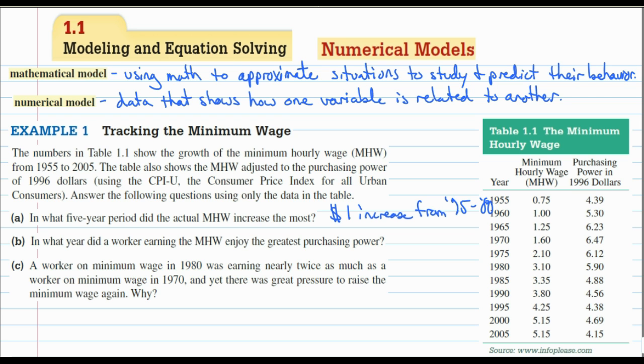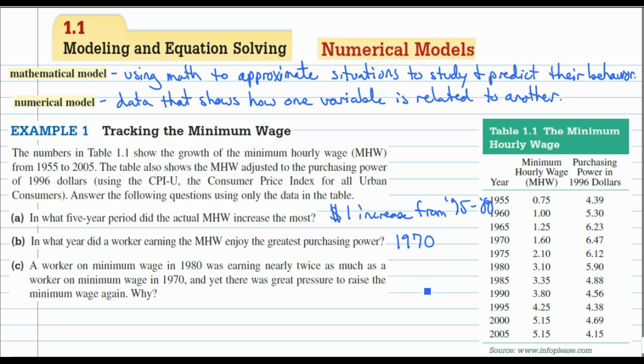Made the news. In what year did a worker earning the minimum hourly wage enjoy the greatest purchasing power? So looking at my purchasing power over here, the greatest purchasing power, let's see, was right there in 1970. It was the equivalent of $6.47 in 1996 dollars. So in 1970.